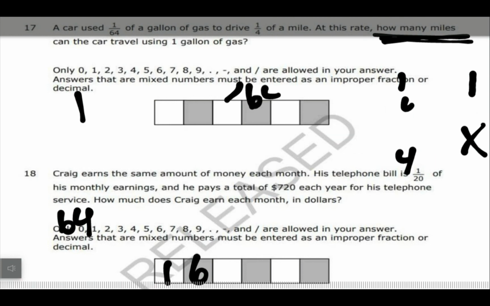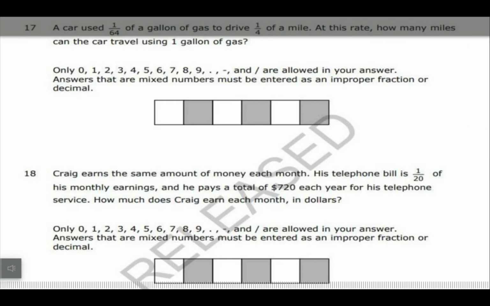All right, 18. So it says Craig earns the same amount of money each month. His phone bill is 1/20th of his earnings, and he pays a total of $720 each year for his phone service. How much does he earn each month in dollars? So I first want to figure out, this is how much he makes a year.